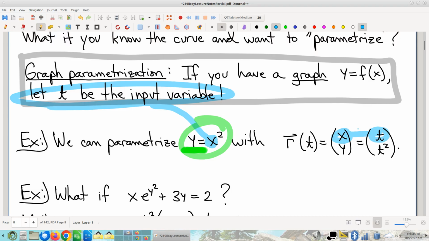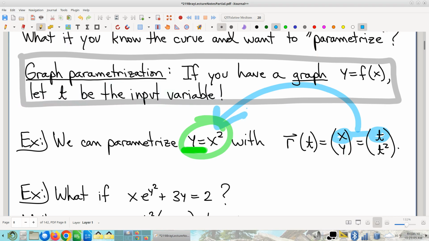And I claim we've already won. Game's over, because if x is t, that basically forces y to be t squared, and check it out, we now have position as a function of a single parameter t, and that is our parameterization.